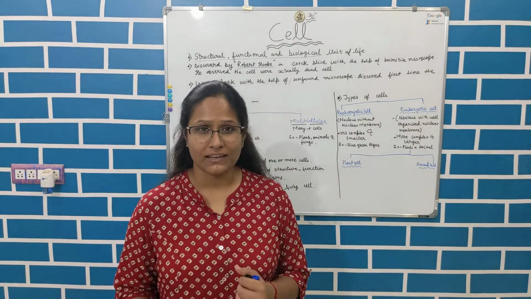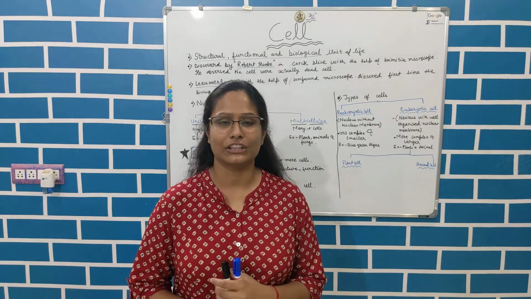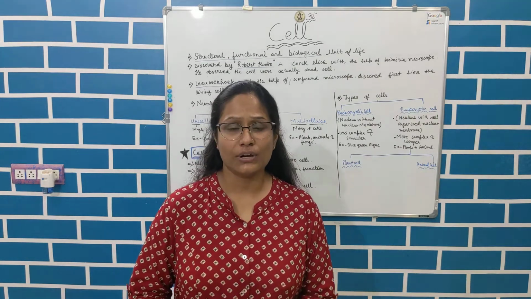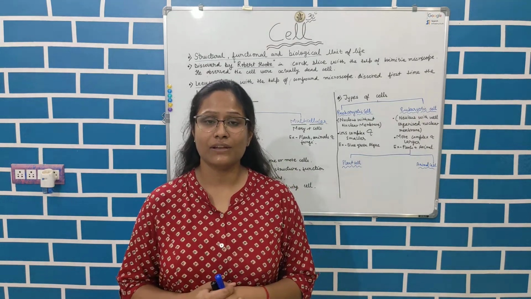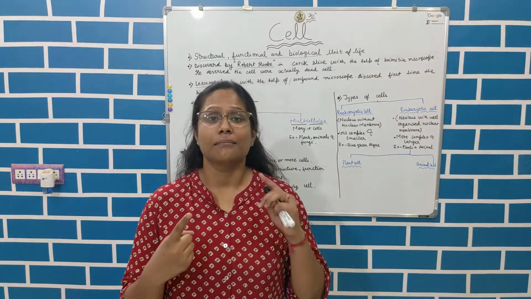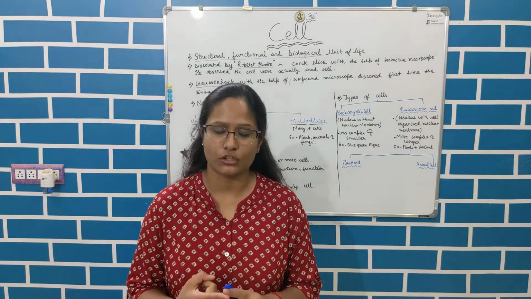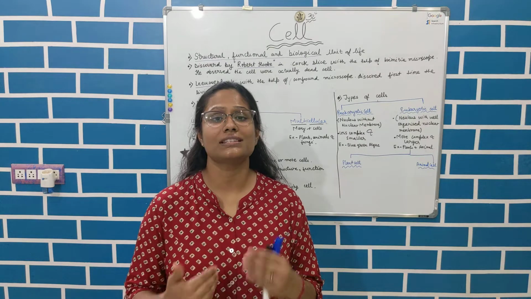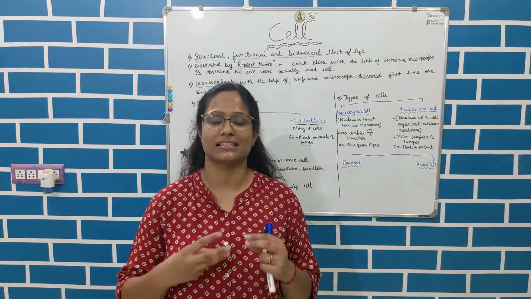In this topic, we also study one theory that is called cell theory. Cell theory is one of the biggest generalizations in biology. Cell theory was given by 2 scientists, Schleiden and Schwann. These 2 scientists have given 3 basic points in this cell theory.